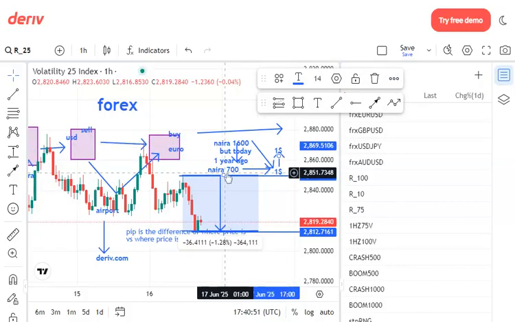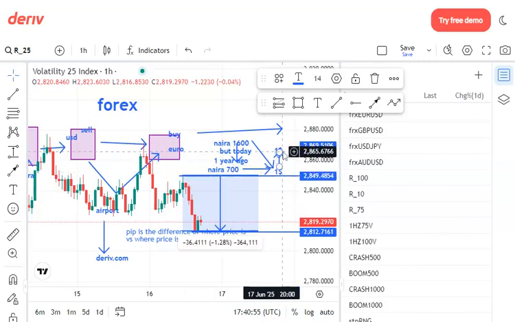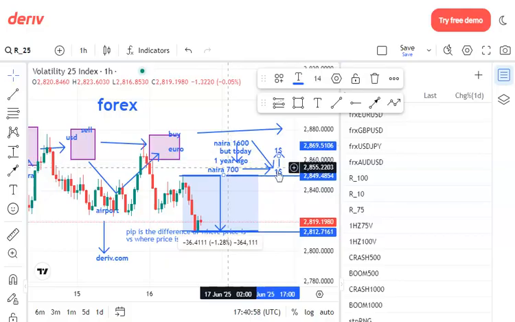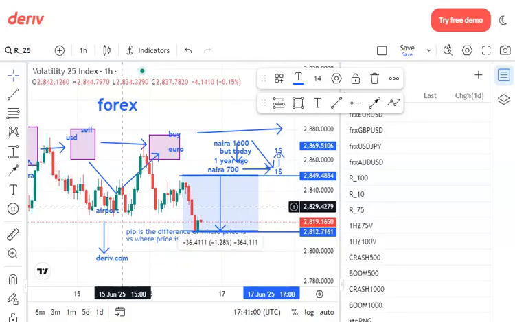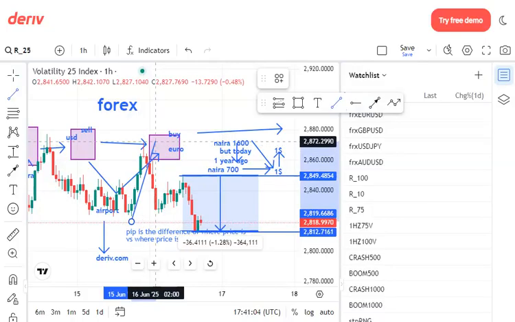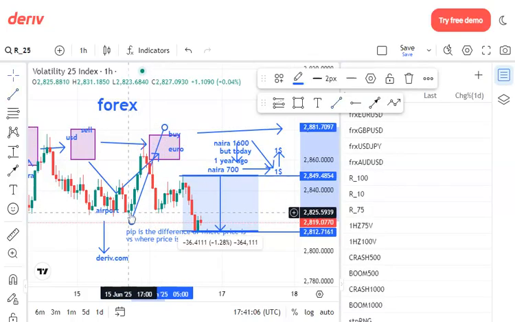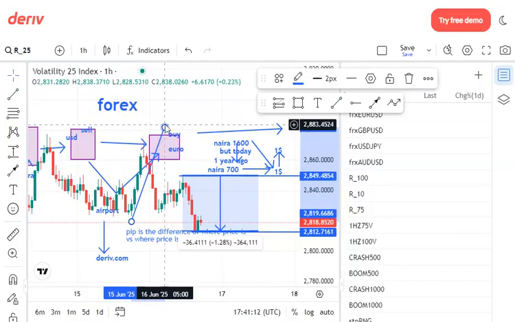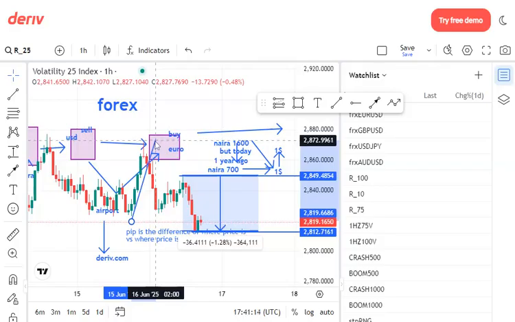So imagine you were holding 700 naira one year ago, and the market rose from there. This is the chart. All these are candlesticks, and what these candlesticks do is represent the market's volatility and its movement.